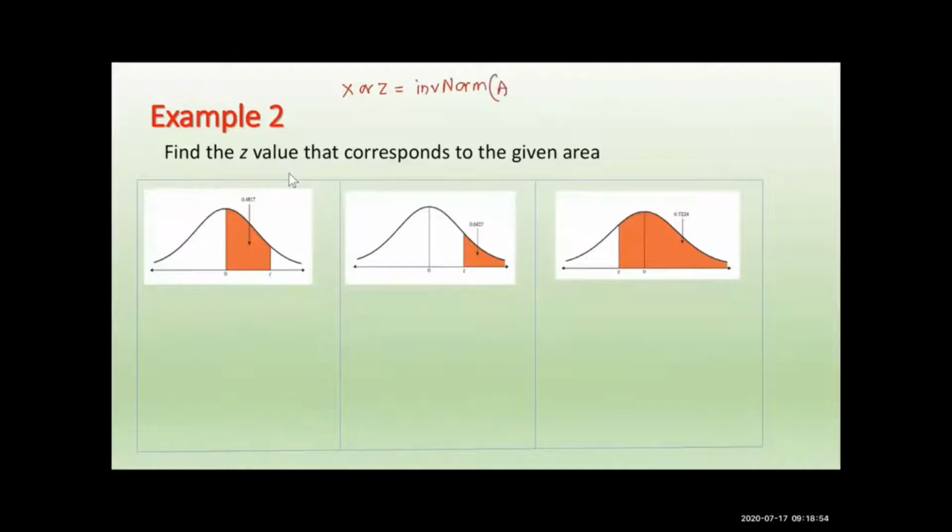We put the area to the left of z or x, whatever is there in the x-axis. That's your first thing. You have to put the area, and then you'll write your mean, and you'll write the standard deviation. This is like a formula, so please write that down.